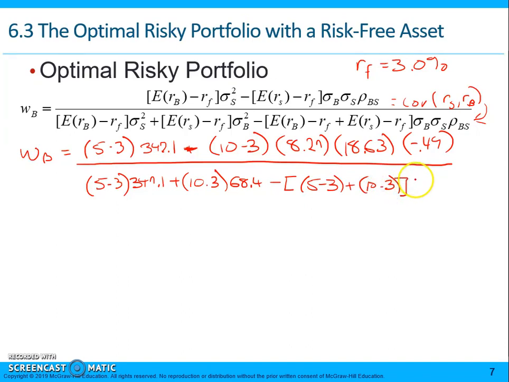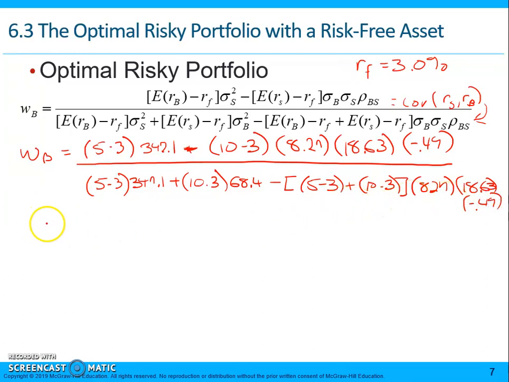And then we're going to multiply that by the standard deviation for bonds, the standard deviation for stocks, and the last item is the correlation coefficient.